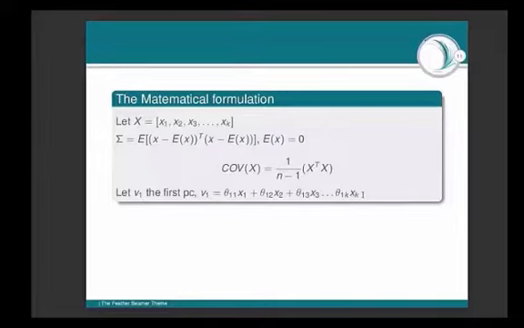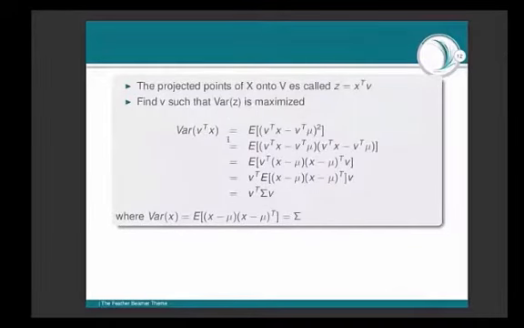It is a linear combination of the original data features. The projection of X on the direction of b is called c. C is equal to X transposed times b. Find b such that the variance of c is maximized.